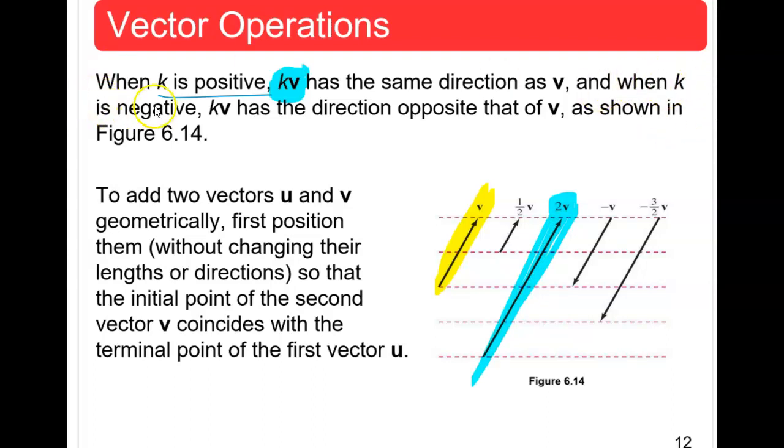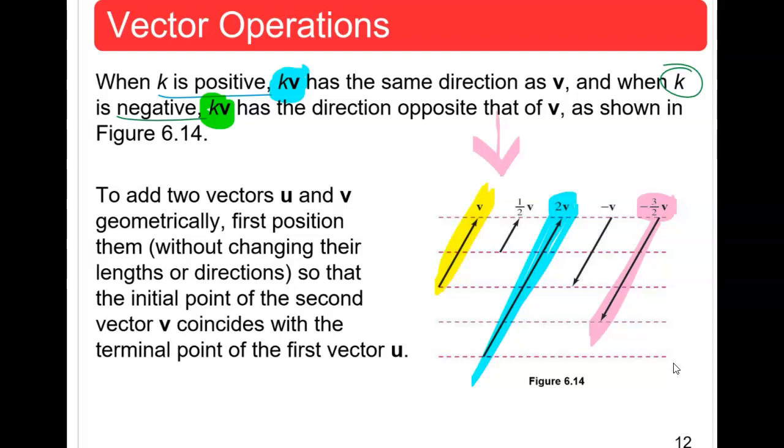Now, if k is negative, then the product kv will have the opposite direction of the original vector, as we can see here. So for example, let's look at this one. -3/2 times v is negative, so the direction changes to the opposite direction of the original vector.